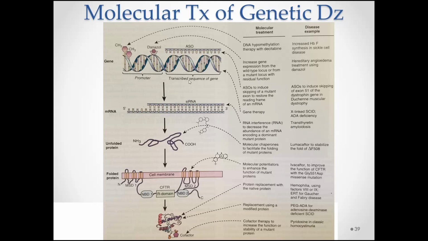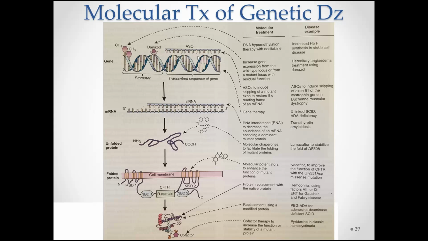If this is the promoter region and this is the transcribed sequence of the gene, these antisense oligonucleotides can bind to particular portions of the gene and can result in changes in the transcribed messenger RNA. They can result in skipping various mutated sections, or jumping over sections.